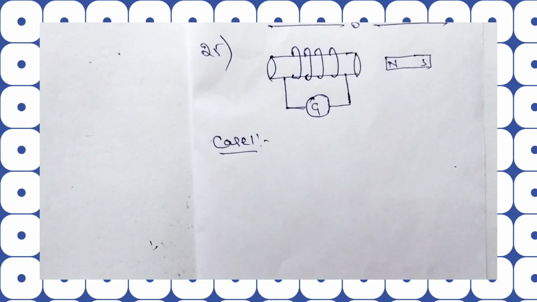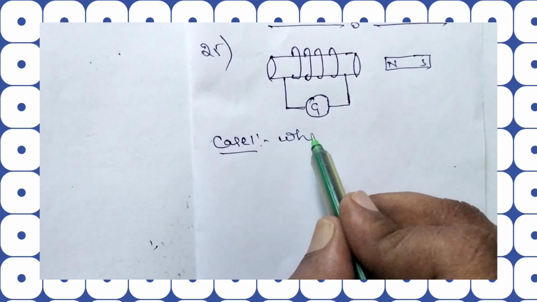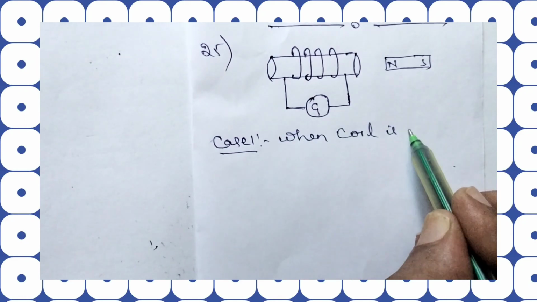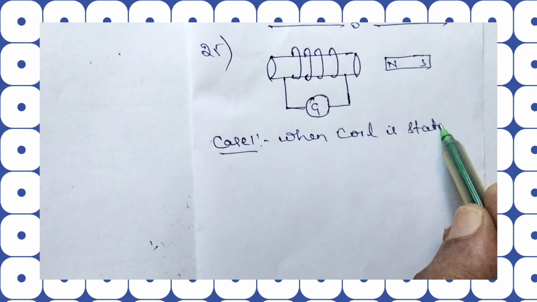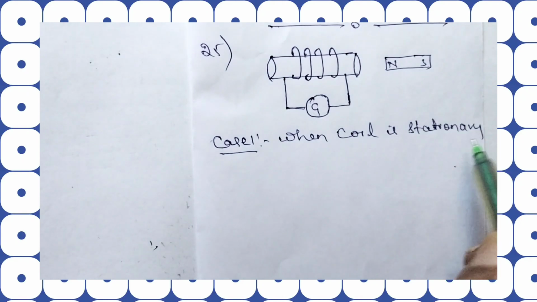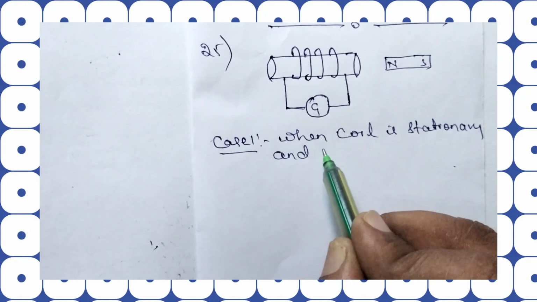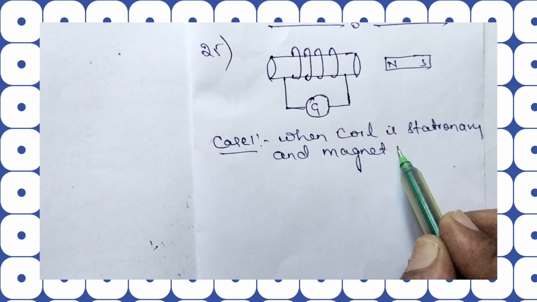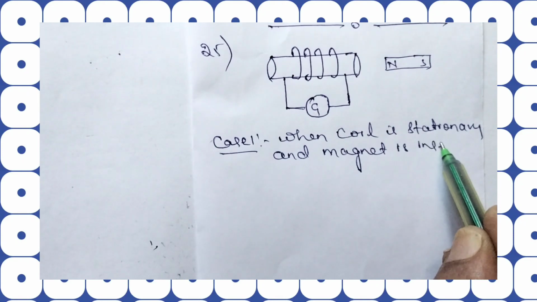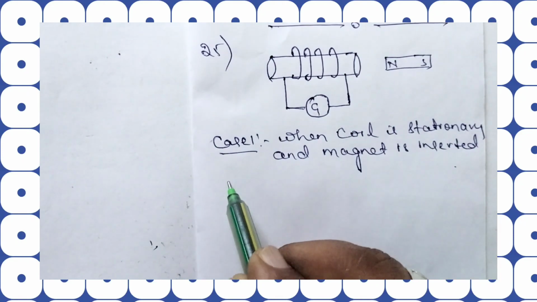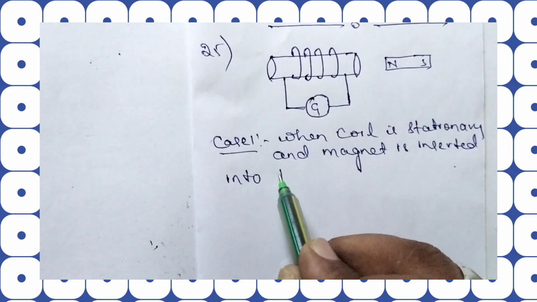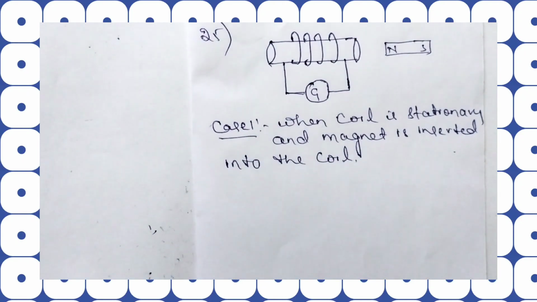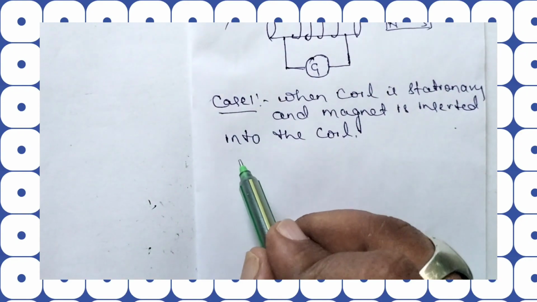Case number 1: when the coil is stationary and the magnet is moving, the coil is stationary and the magnet is inserted into the coil. So this is the first case. Now let us explain the first case.